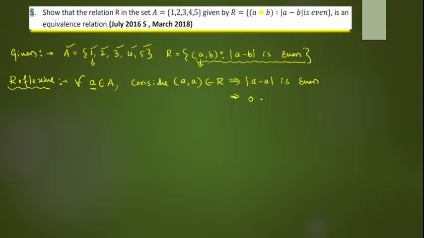So 0 is also an even number. Definitely even numbers are 0. Even numbers end with 0 2 4 6 8, right? So 0 is also an even number.